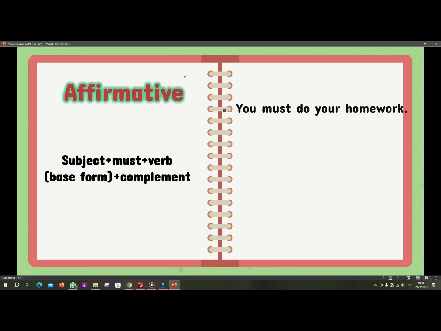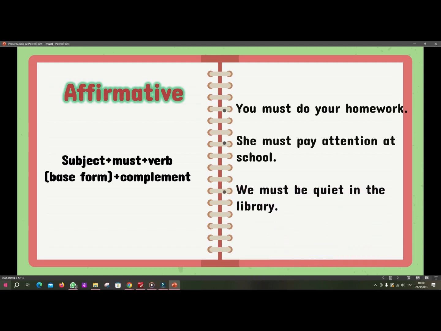In this case, subject, modal verb, main verb in the base form, and the complement. She must pay attention at school, right? We must be quiet in the library. That will be for the affirmative form.